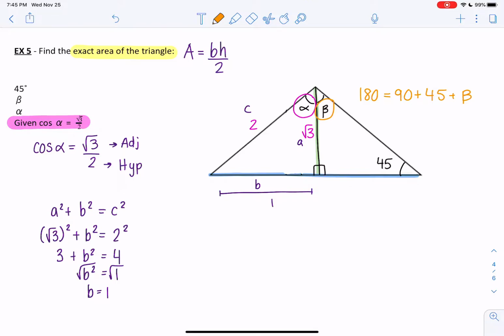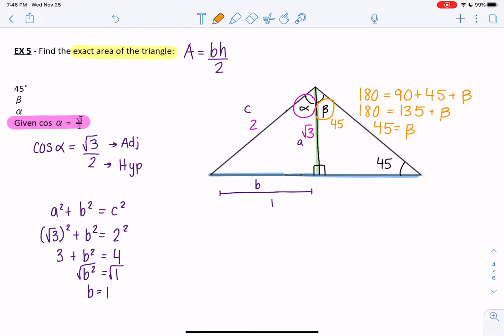And then we have 180 equals, and then we'll add 90 and 45, which gives us 135 plus beta. Then we'll subtract that from the other side, so we'll get 45 equals beta.